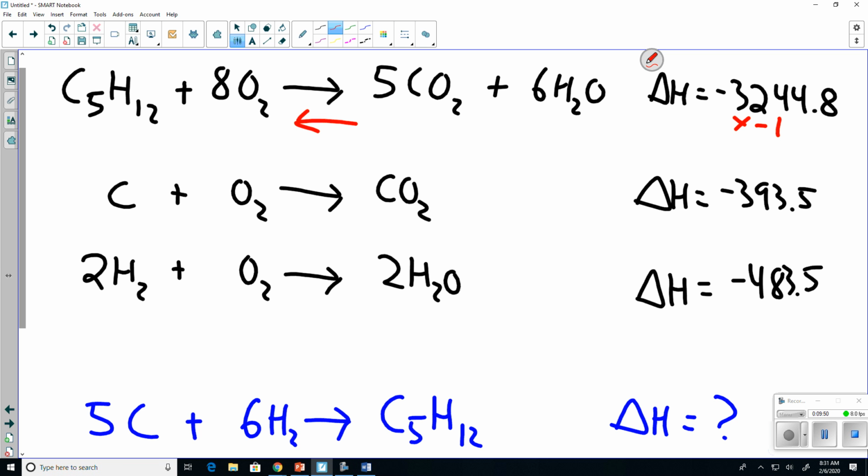Just like canceling out electrons and things like that, I need to multiply this top equation by 5. Because if I multiply this top equation by 5, I now have my 5 carbons. But if I have 5 times as much reaction, that's going to give off 5 times as much heat. So I need to multiply that delta H by 5.